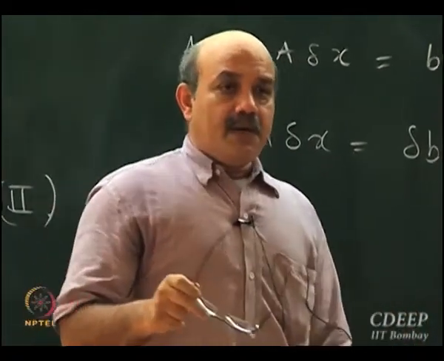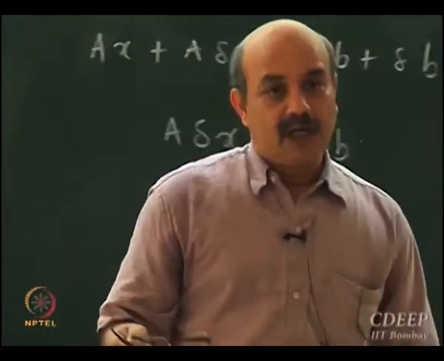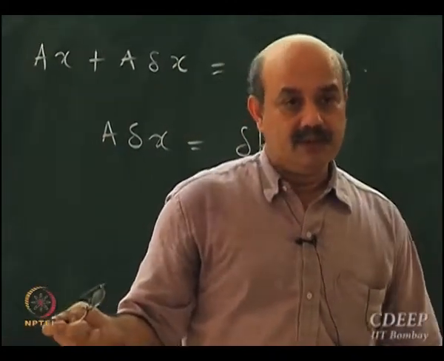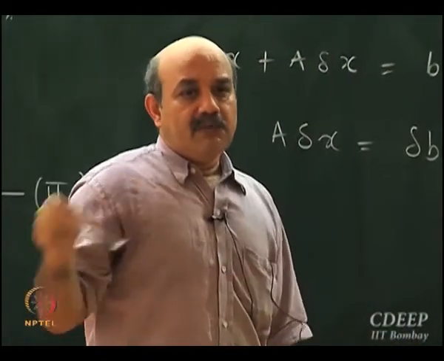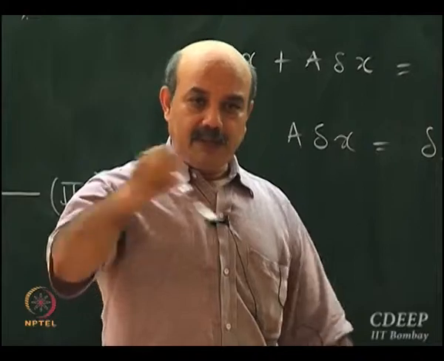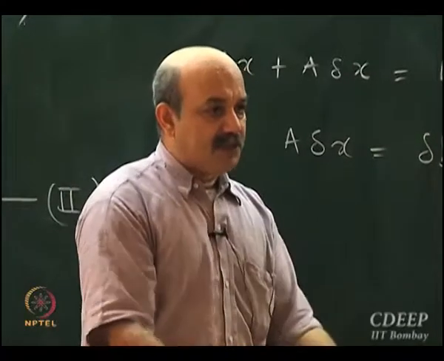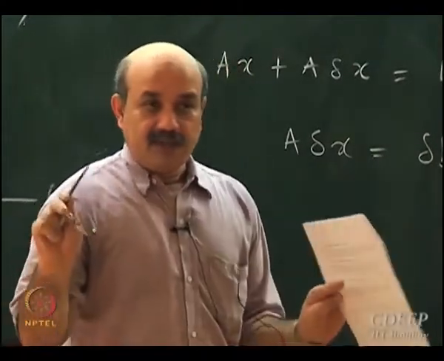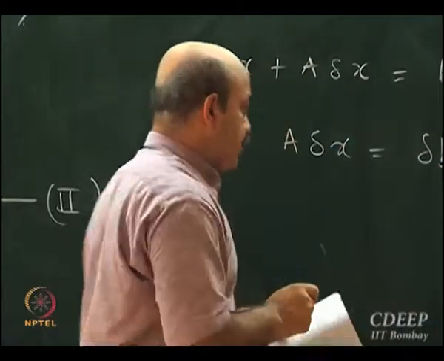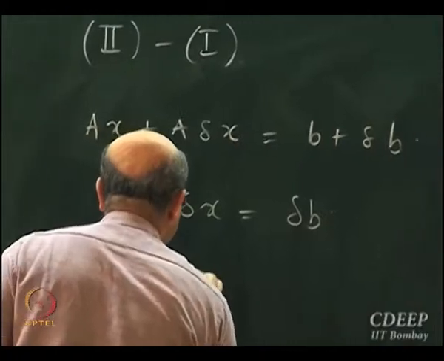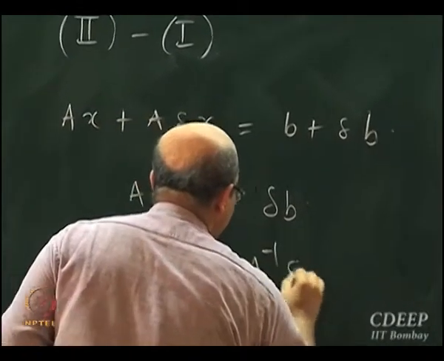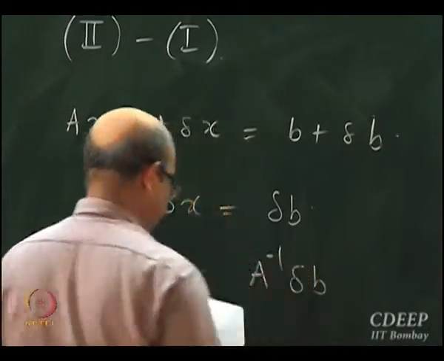A singular system may not have a solution, or it may have multiple solutions, depending upon whether B belongs to the column space of A, and what is the null space of A matrix and so on. So that's a different story. This is not singularity. This is something different. Okay. So now delta X is equal to A inverse delta B.